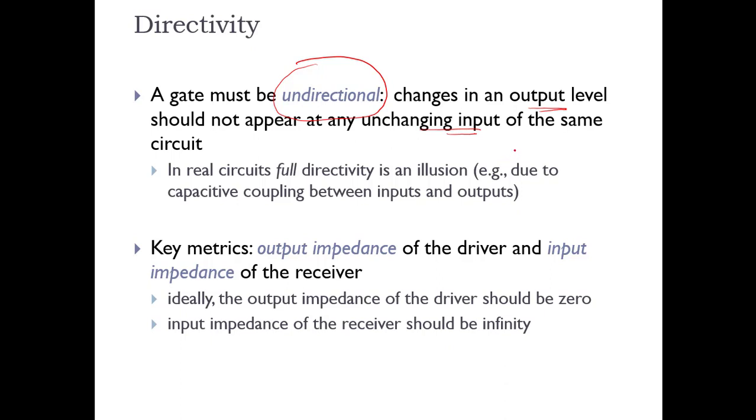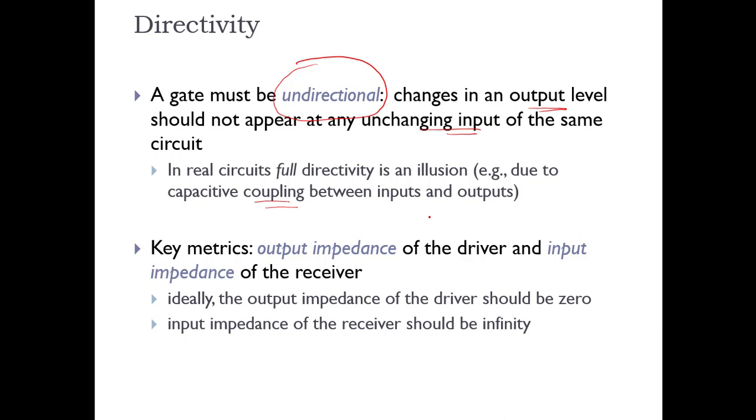As we told you before, there are different kinds of coupling, for example capacitive coupling and inductive coupling between the inputs and the outputs. So practically there will be some disturbance.